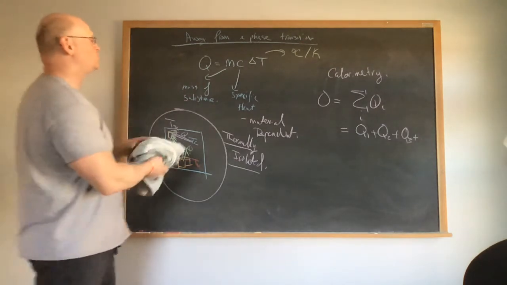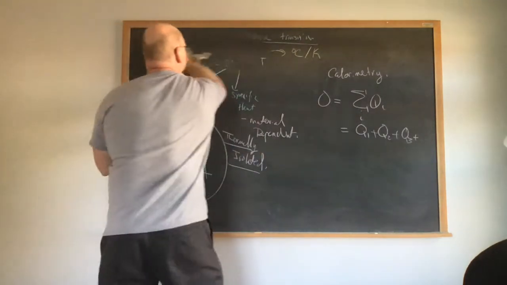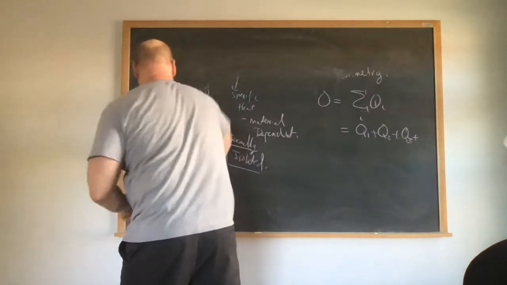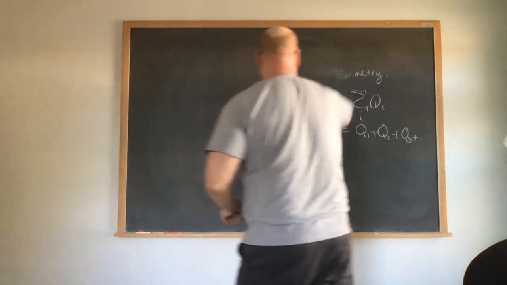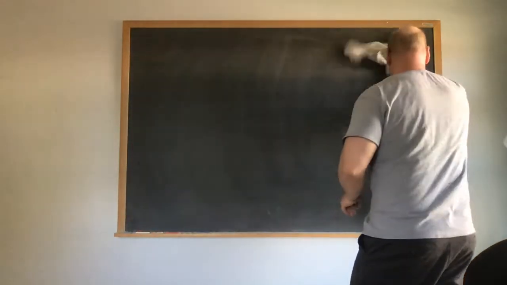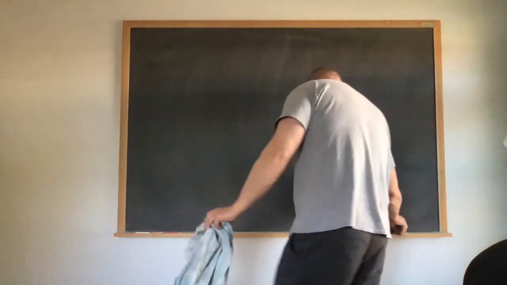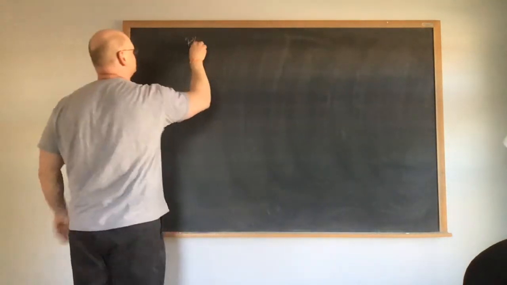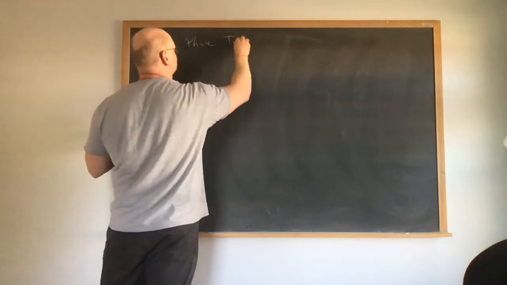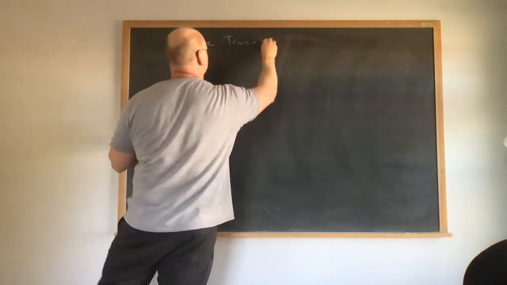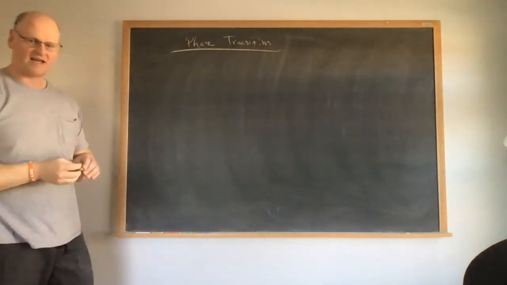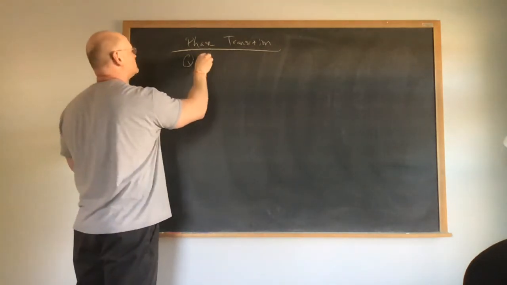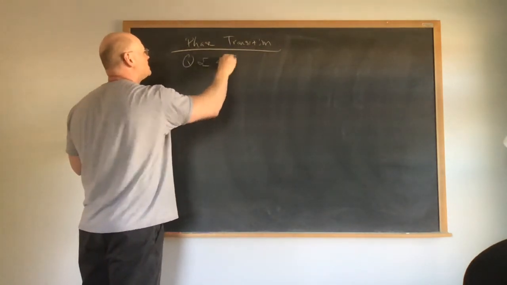Now, what happens if I do have a phase transition? Well, if we do have a phase transition, in this case, the heat flow is no longer proportional to the change in temperature.